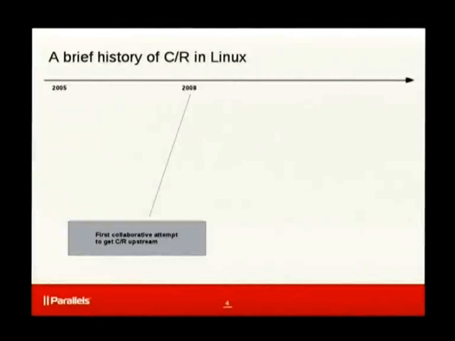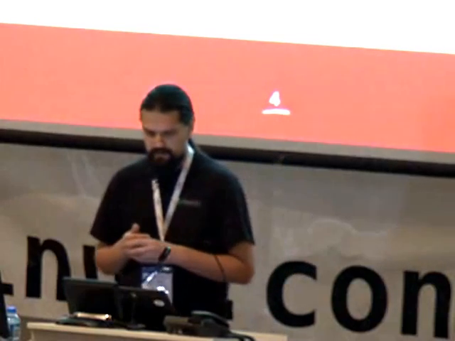Later on, when we started submitting our functionality upstream, in several years we came to a state where we needed to have checkpoint restore upstream, and by that time it turned out there were other parties interested in this as well. For example, IBM people, people from the Mosaic project, and some other guys.